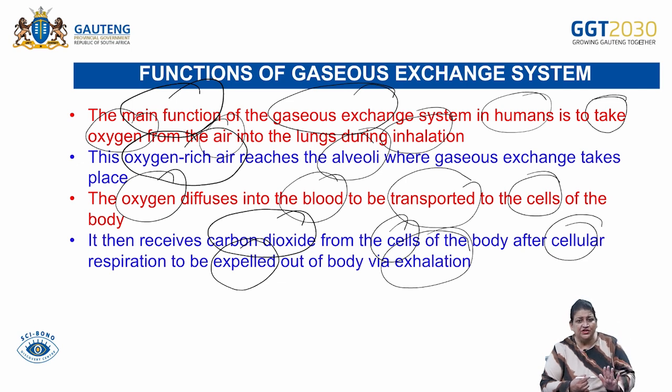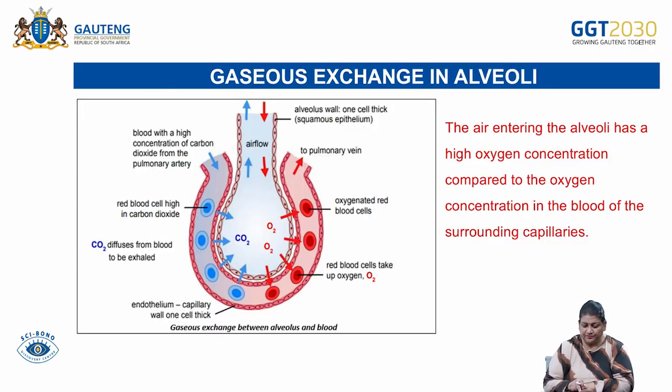Carbon dioxide cannot stay in the body for a long time. It must move from the cells to the blood, and then the heart will pump it to the lungs. And what happens? The air containing CO2 is breathed out or exhaled out of the body, because if the CO2 remains in the body, it can poison our cells by making our cells very, very acidic.